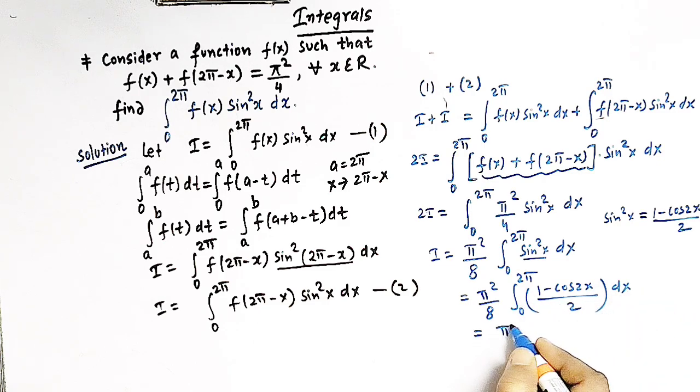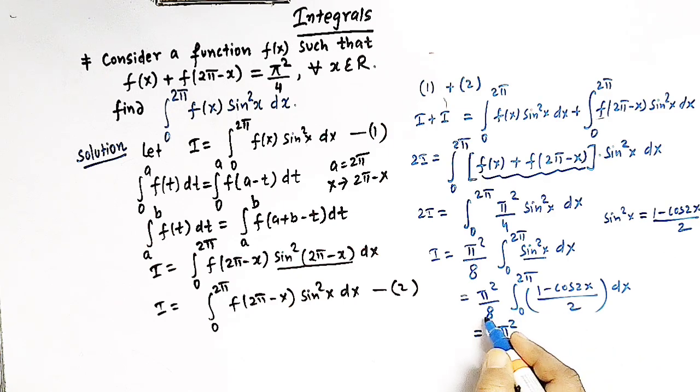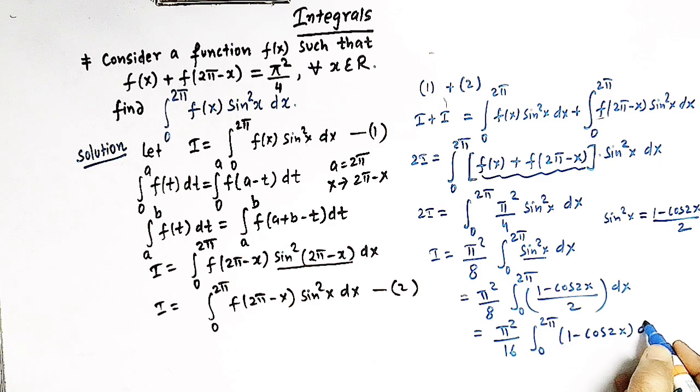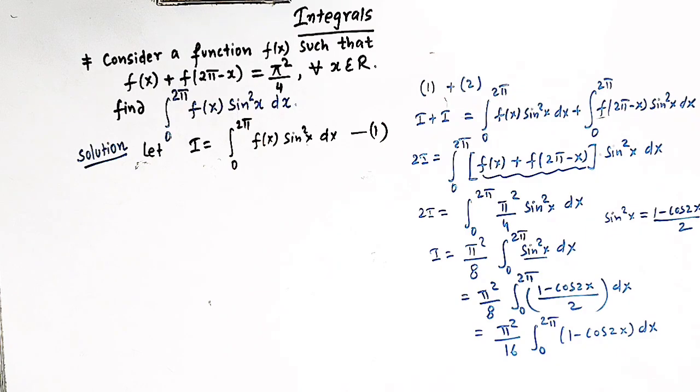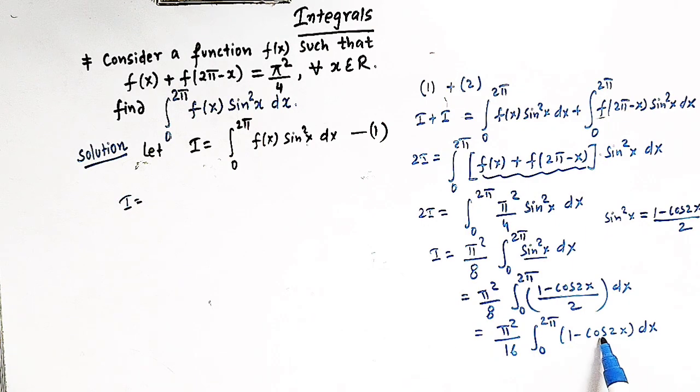So this is pi square. Taking this 2 outside the integral, we have 16, and the integral from 0 to 2 pi of 1 minus cos 2x dx. So now we can easily integrate 1 minus cos 2x.